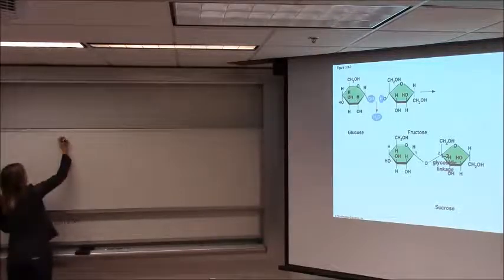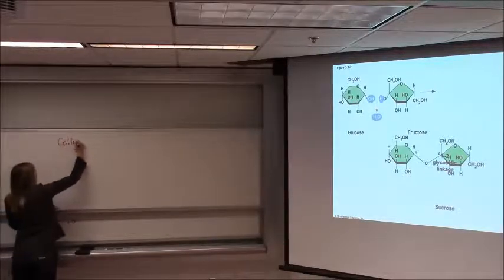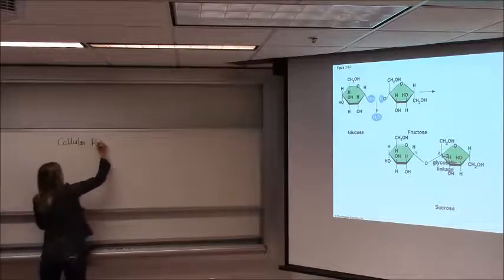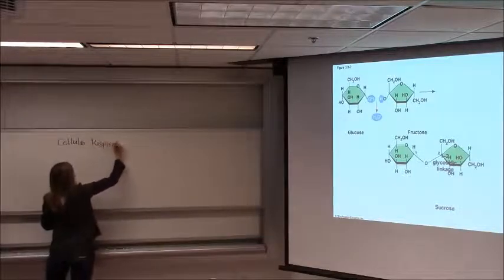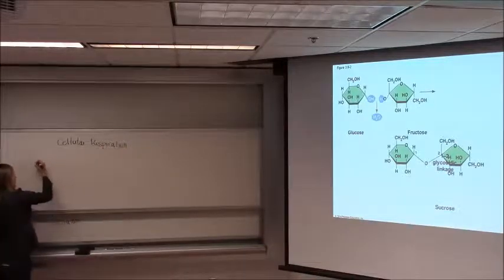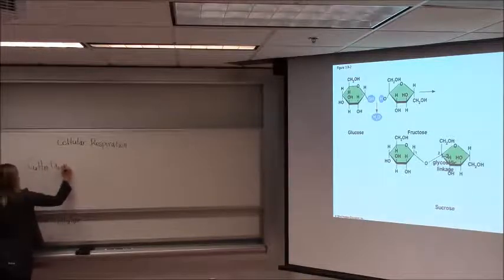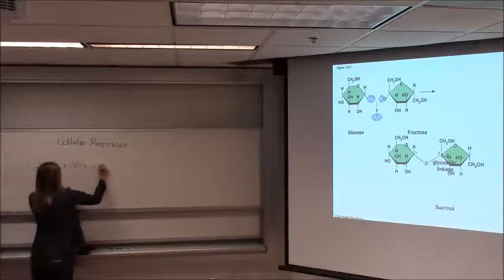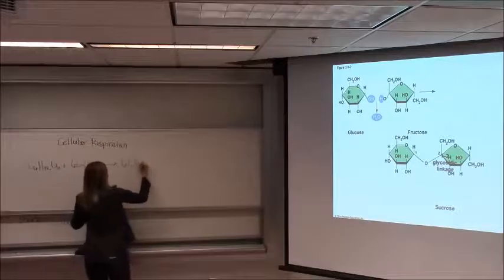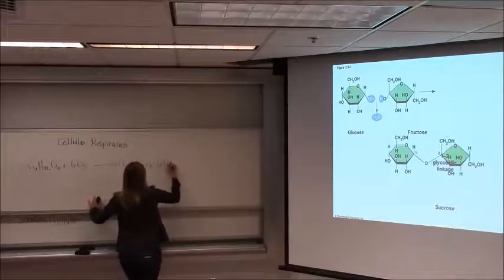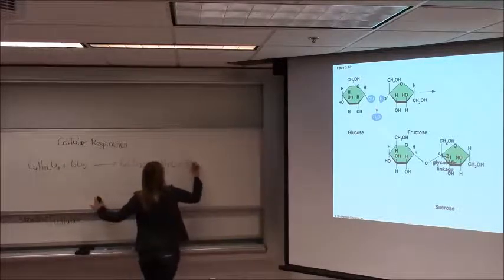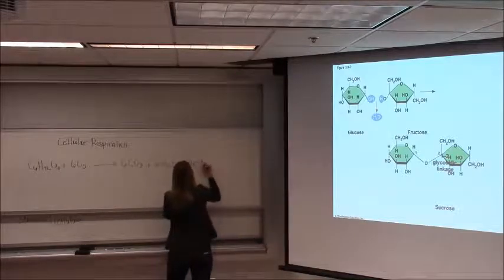So I'm going to write the general formula for cellular respiration on the board because it's important to understand right now when we're talking about carbohydrates the importance of this reaction in the body and how important carbohydrates are. And you should go ahead and learn this formula because you're going to see it a lot.